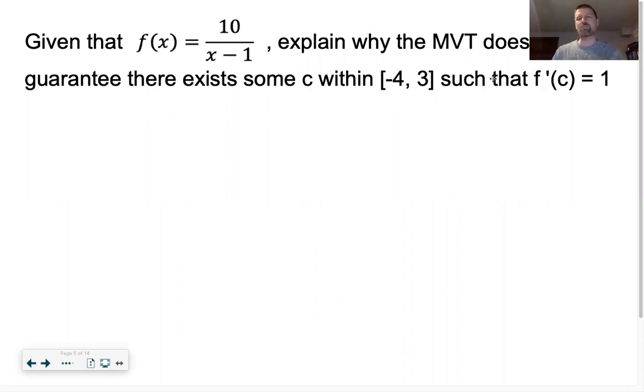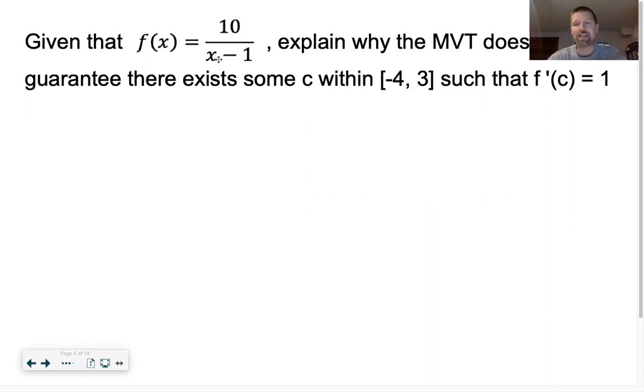First thing I would do is make sure you check that it would apply. In this case, it does not apply because my interval is from -4 to 3. When you put a 1 in, which is in that interval, you get 10 divided by 0, which is not continuous. Since it's not continuous in the interval, the mean value theorem does not apply.